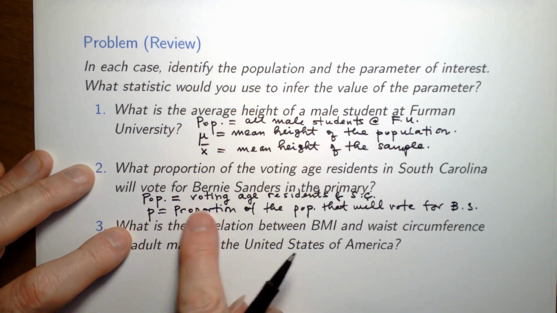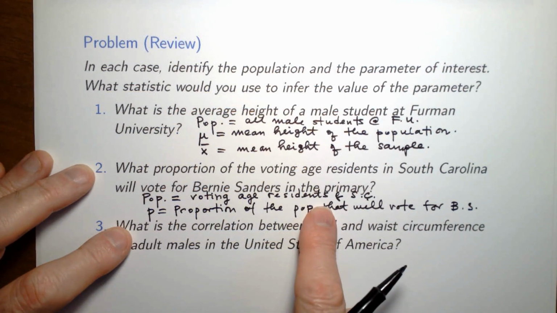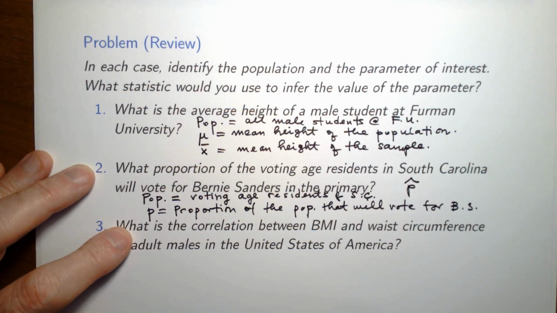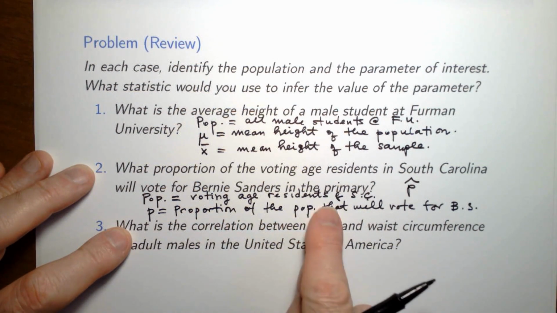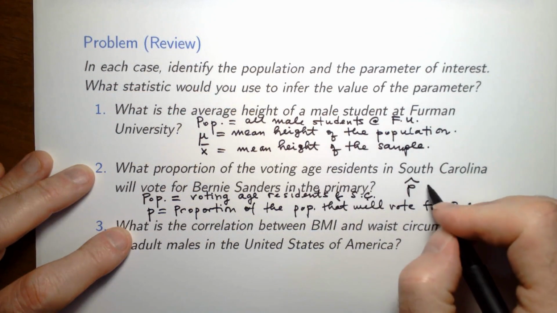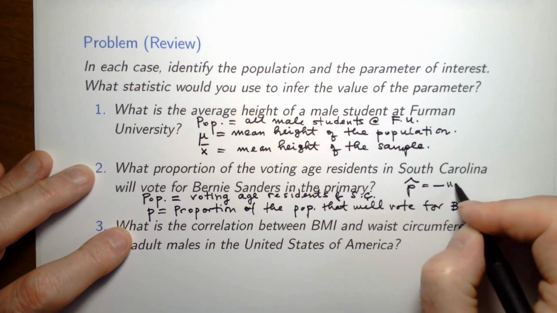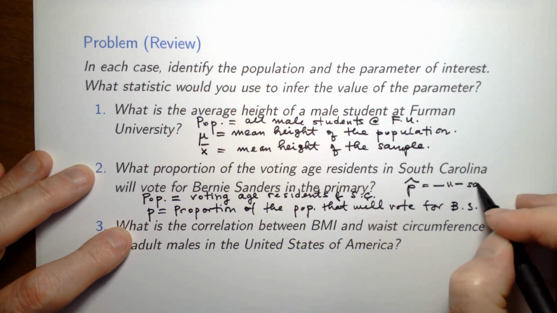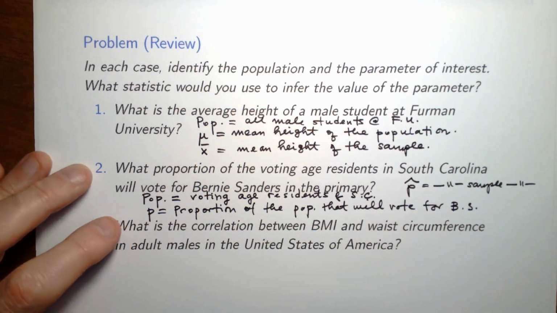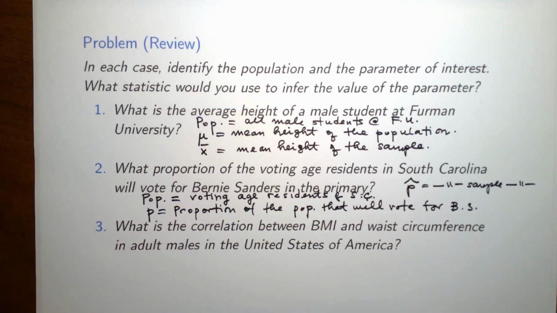Well, if we were able to sample from the voting age residents in South Carolina, we would compute the corresponding P hat, which, if I had space, I would write as the proportion of the sample that will vote for Bernie Sanders. Okay, so it's essentially the same language, except I would replace population by sample. That's the only change I would have to make. Otherwise, I could read it exactly the same way I read this one.